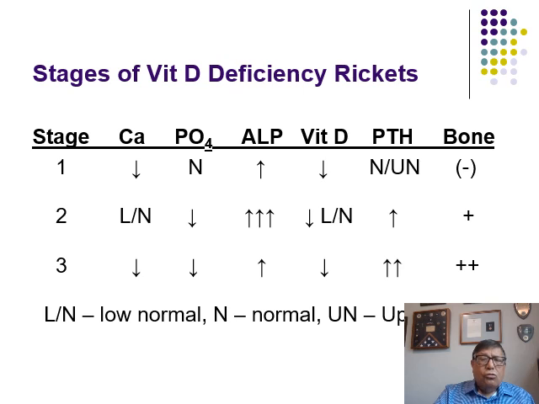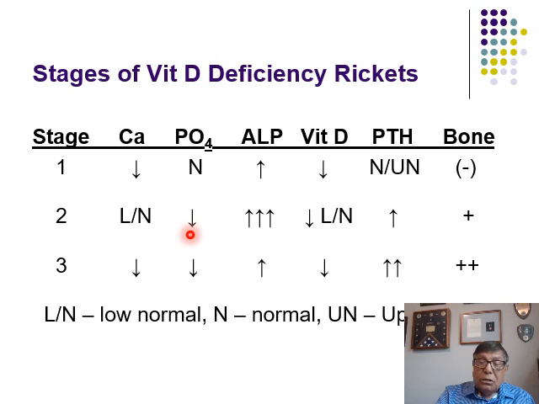I'm not going to go into that very much, because most of the time the diagnosis is made in the second stage. In the first stage, calcium is low, phosphate normal, alkaline phosphatase is elevated, vitamin D is low, PTH is upper normal, and no bony changes. In the second stage, calcium is low or low normal.